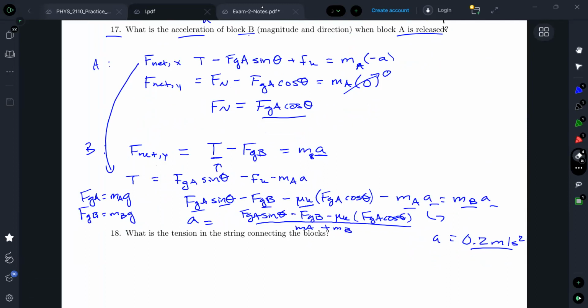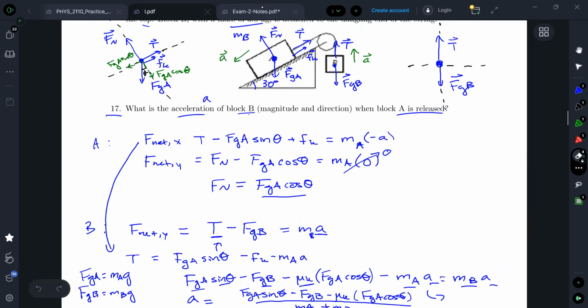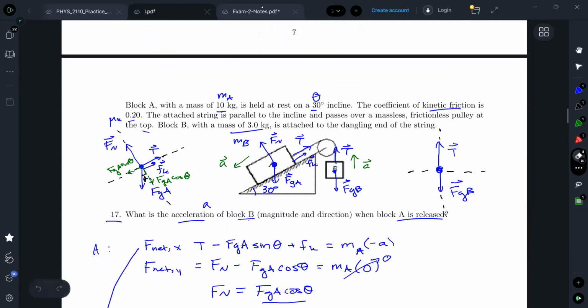So let me check my numbers here. Total mass is 10 plus 3, which is 13.